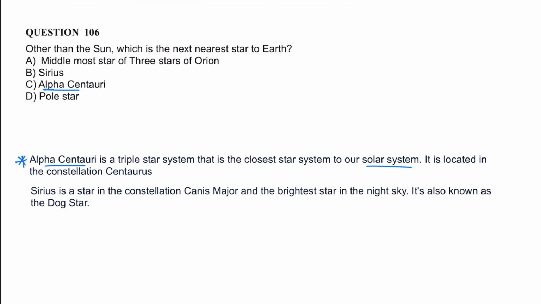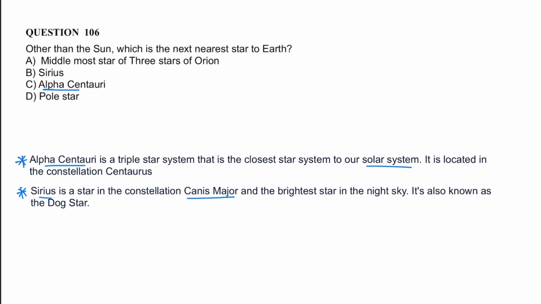Sirius is a star in the constellation Canis Major, and it is the brightest star in the night sky, also known as the dog star. So the correct option is Alpha Centauri.